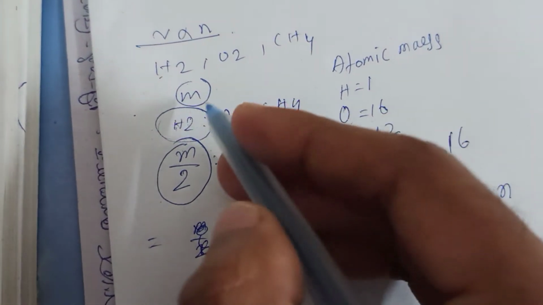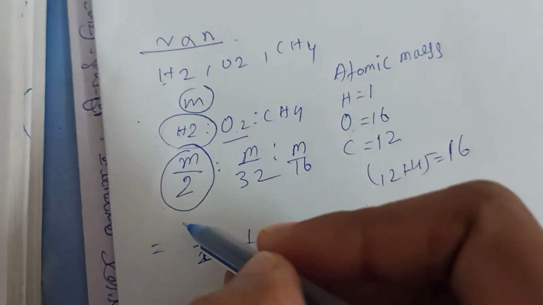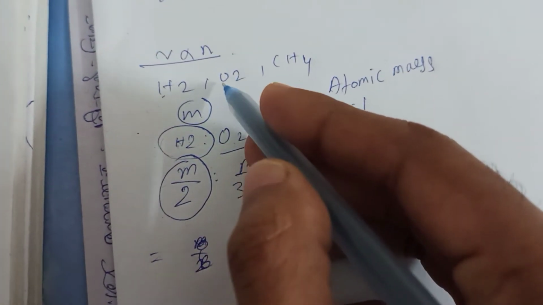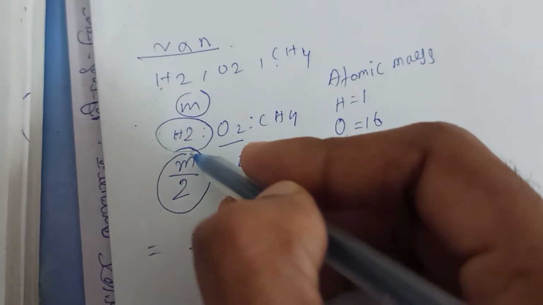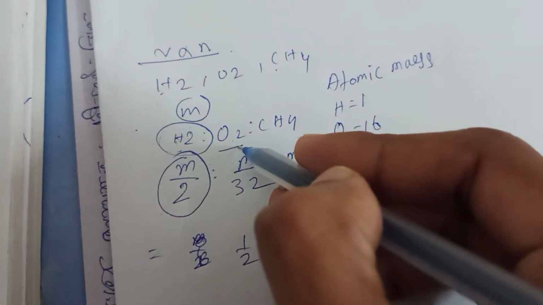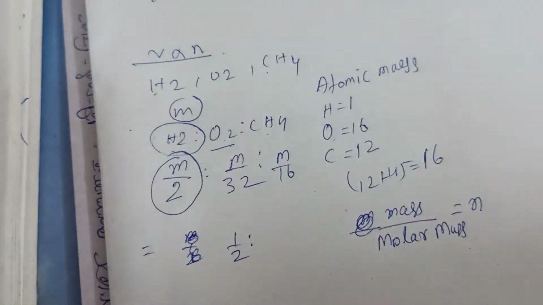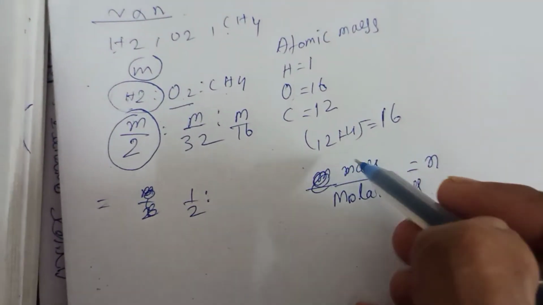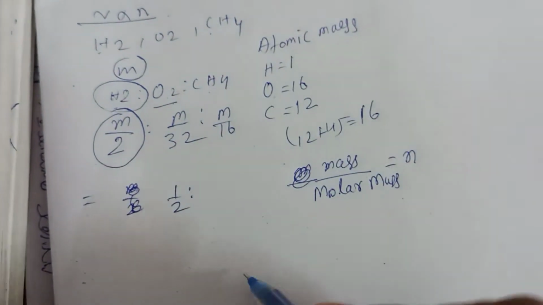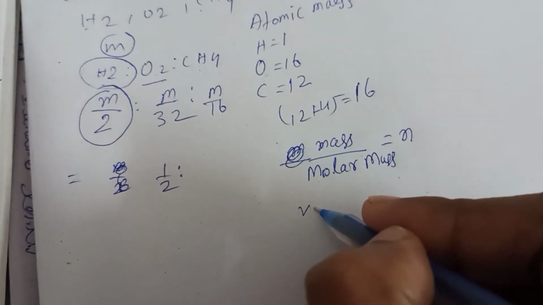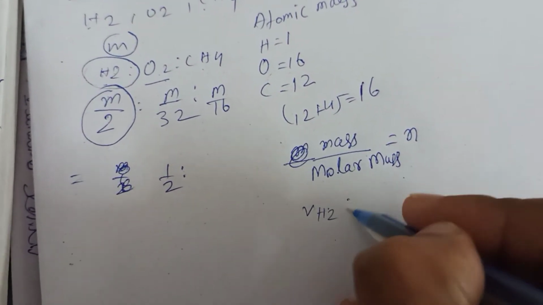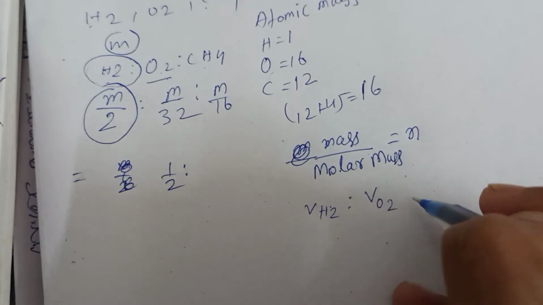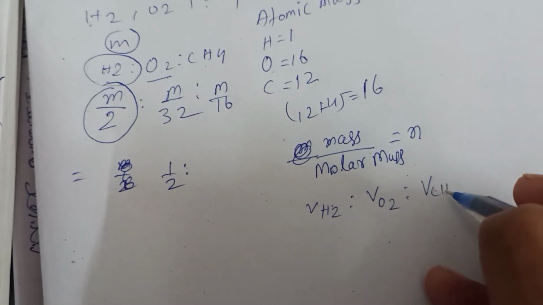So we can write V is proportional to n. Now V1 is to V2 is to V3: volume of hydrogen, volume of oxygen, volume of CH4, like this: V of H2 is to V of O2 is to V of CH4.